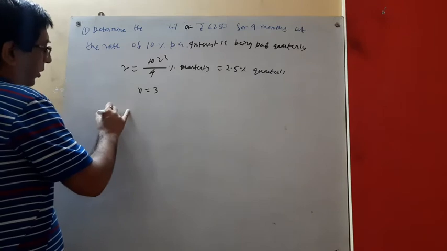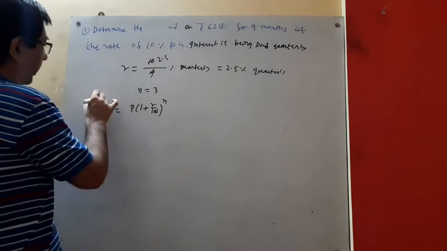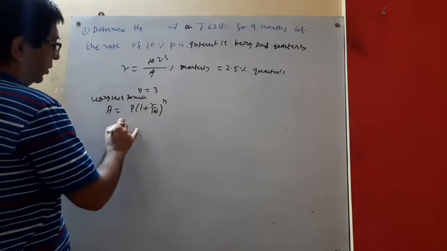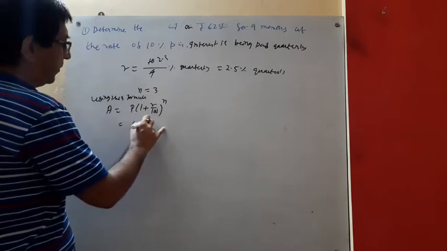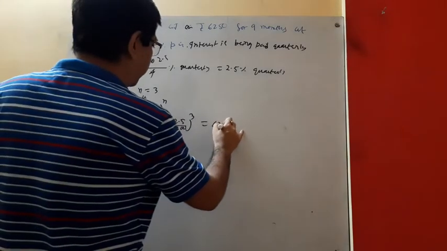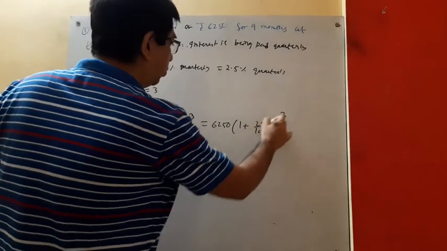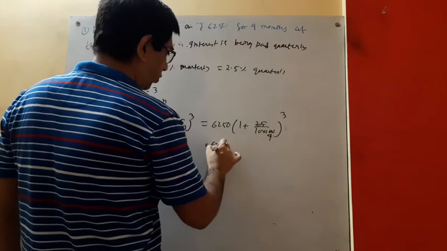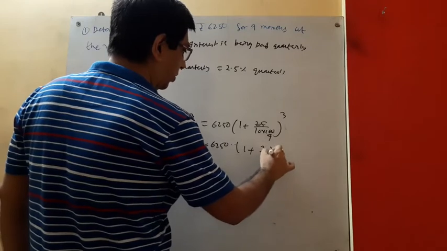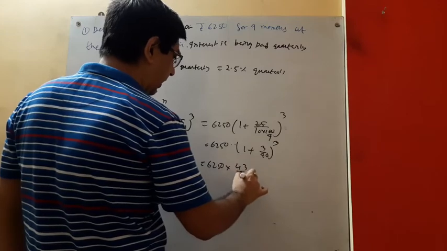Now amount equals P into 1 plus R by 100 whole to the power N, using this formula. P is 6250, 1 plus 2.5 by 100 whole to the power 3. I am doing here 6250 into 1 plus 25 by 10 into 1000. 6250 into 1 plus 3 by 40 whole cube, that is 6250 into 43 by 40 whole cube.